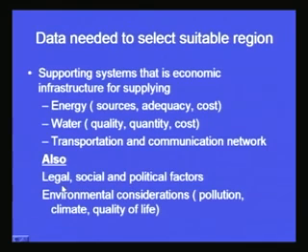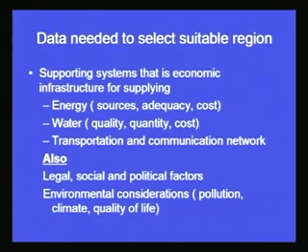So, we have to take into account the legal, social and political factors. This we have already discussed in detail in our previous lectures on facility design. So, we have to take into account legal, social and political factors as well. Also, we have to see the environmental considerations. So, in environmental considerations, we have pollution, climate and quality of life.